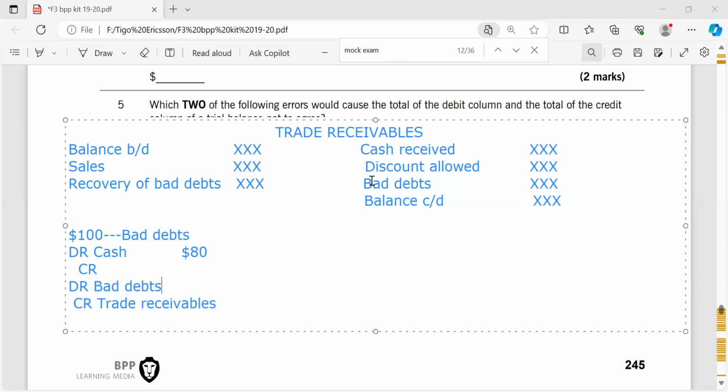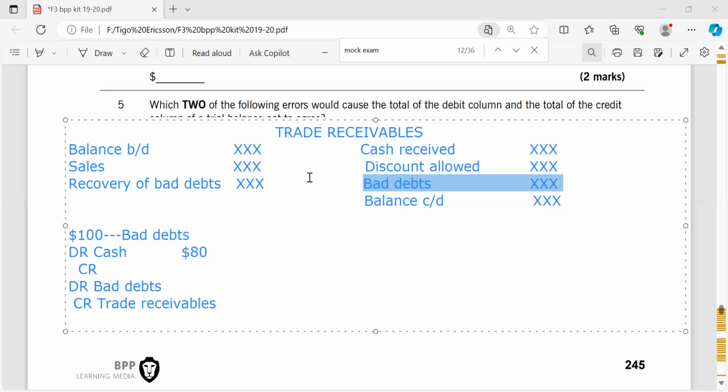That's why initially I told you that you debit bad debts, you credit trade receivables. You see, this is a trade receivables account, and I've debited bad debts. Meaning that on the bad debts account, I would go and debit there, right?